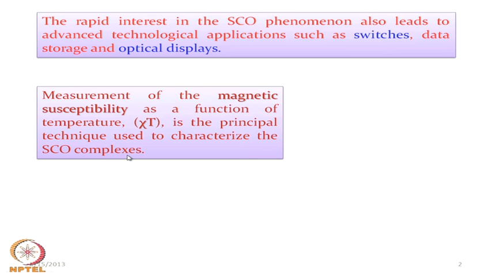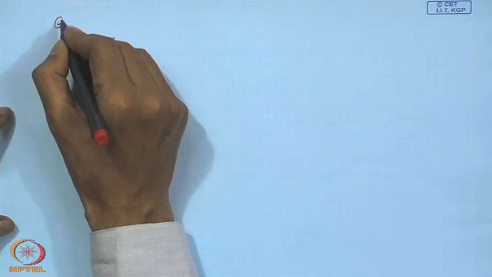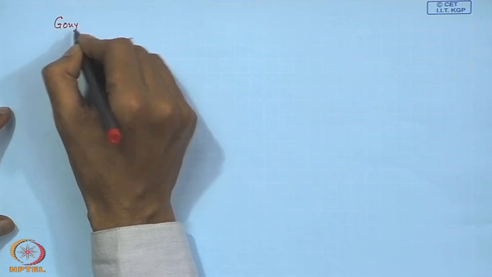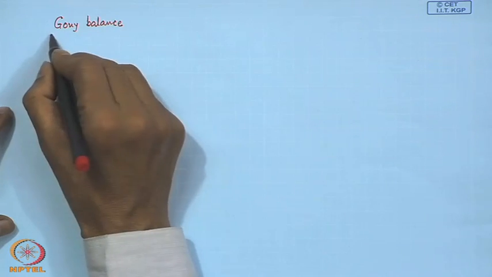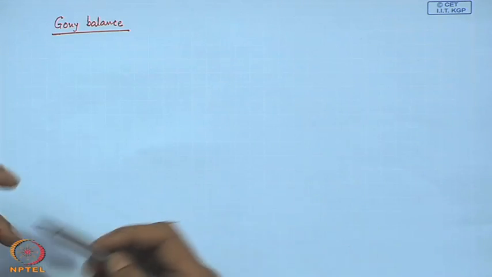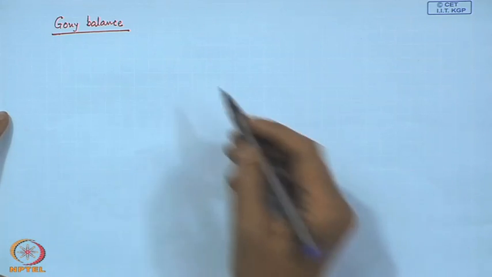The susceptibility we can determine using a Gouy balance. Homemade Gouy balances are there. That was the oldest technique where people could measure the corresponding magnetic moment values.